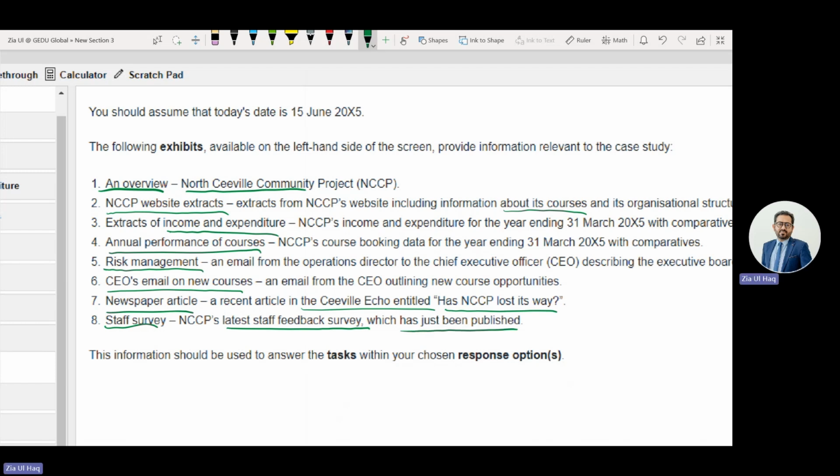So there are 8 exhibits in which different information about the company is given. Let's move straight towards these exhibits. We'll get an idea about the company and its knowledge, and then we'll move towards the requirement. Just like through the pre-seen, we get an idea about the company, its environment, its industry, and then we move towards the requirement. Pre-seen is not the complete scenario that you will have.